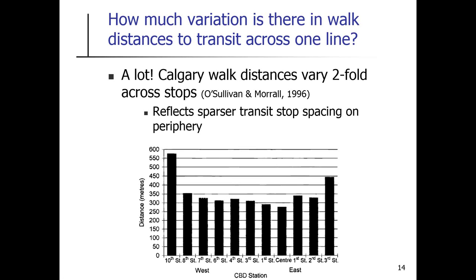And it's not just Salt Lake City where you see that happening. Here's an older example from Calgary that shows that there's a lot of variability in walking access to light rail stops. And the access here varies twofold. And in this case, it was because the stops on the periphery, people would walk longer to them because that was their only choice, whereas in town, they might have a choice, a closer stop to consider.